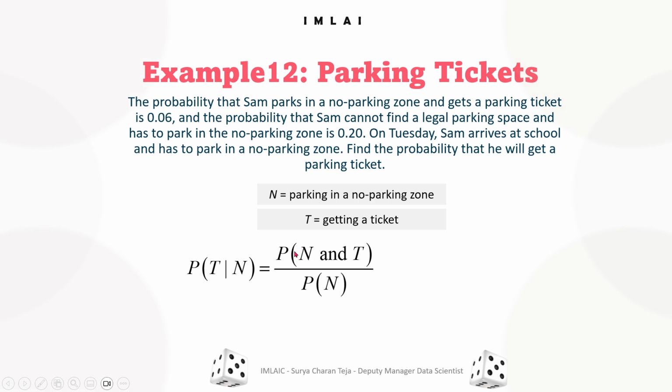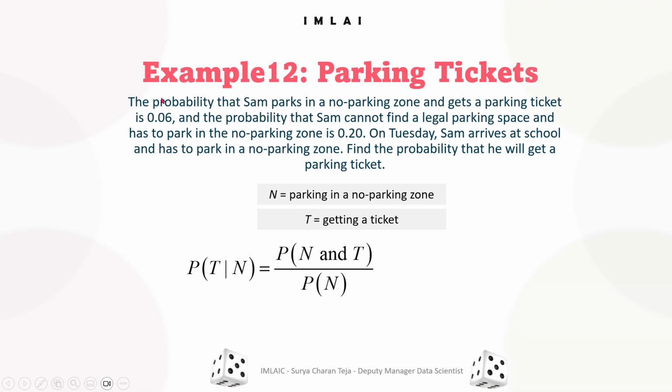Then it equals the probability of N and T divided by the probability of N. Probability of N and T occurring both together, and then probability of N.